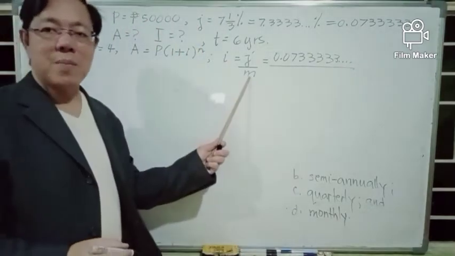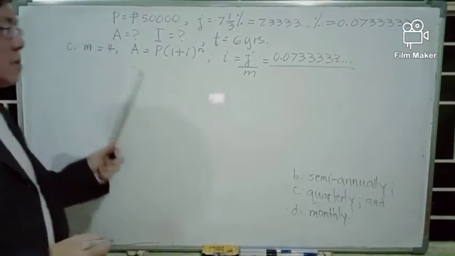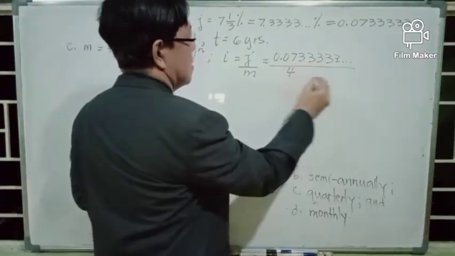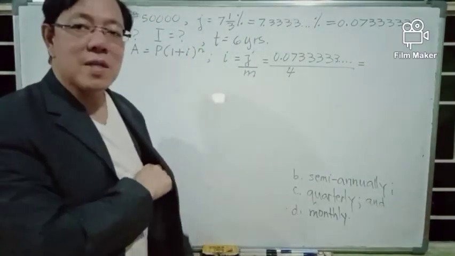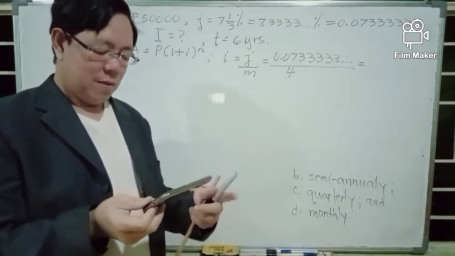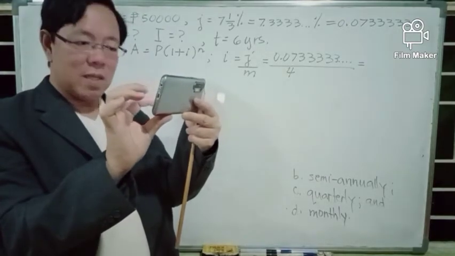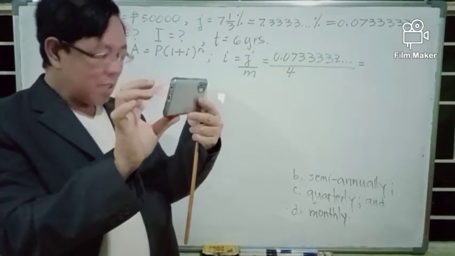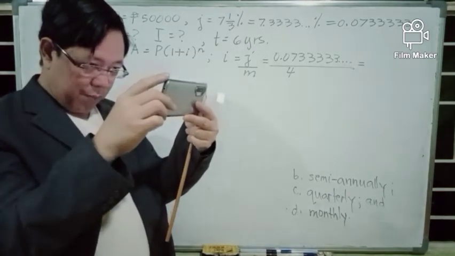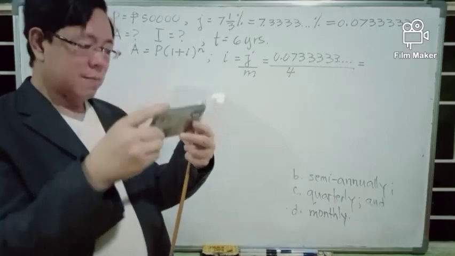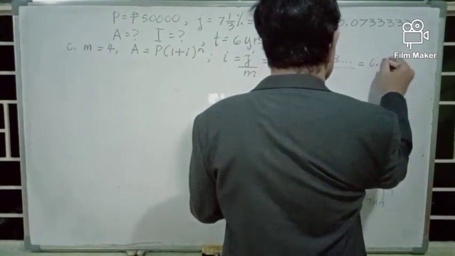Divide by the number of interest computations in 1 year, 4. We use our calculator to divide 0.07333 by 4. Press as many 3 as you can in your calculator, divide that by 4, and you should get 0.0183.